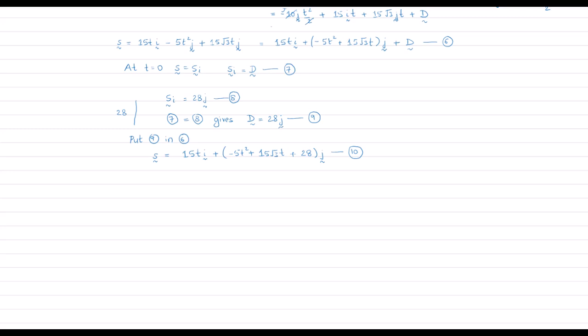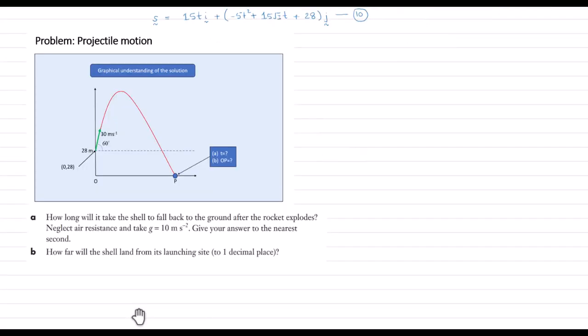So let's see what has been asked in A and B. For part A, how long will it take for the shell to fall back to the ground after the rocket explodes? So we have to find out the value of the time t. Okay, and when the projectile is at point P, what do you think will be the y component value for the displacement? On the x-axis, all the y values will always be 0. So when it hits the ground at point P, the j component should be 0.